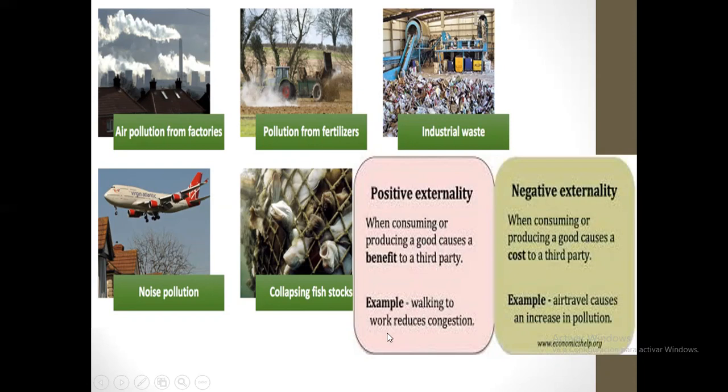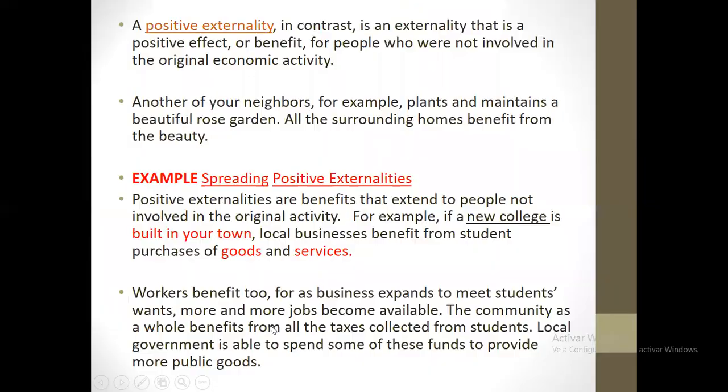Example, walking to work reduces congestion. Quiere decir que el caminar, promueven el caminar al trabajo, o caminar produce que no haya tanta congestión en las vías de tránsito. Y eso ayuda de manera positiva al medio ambiente.